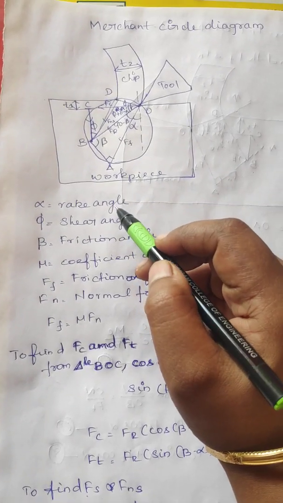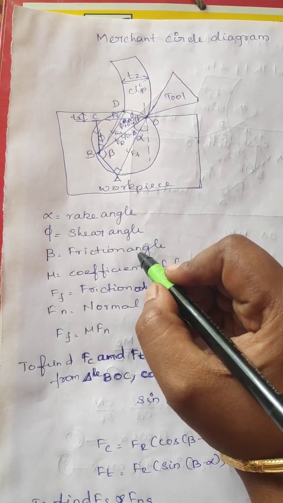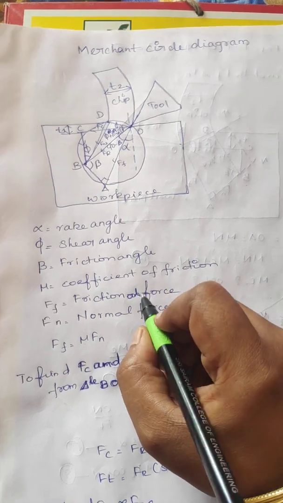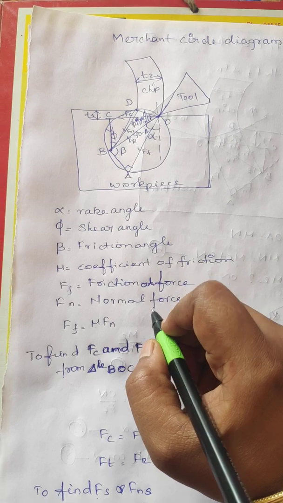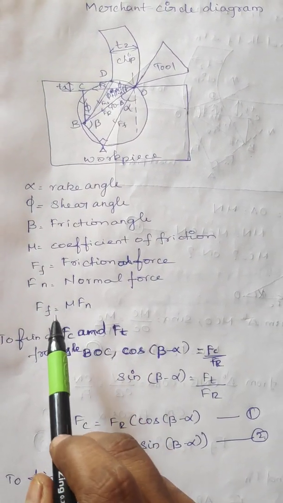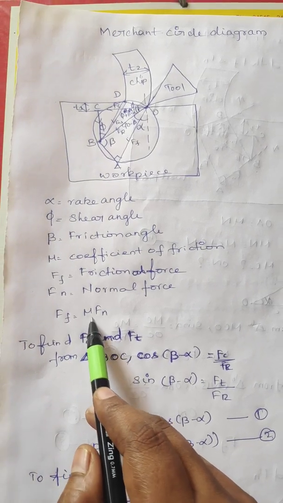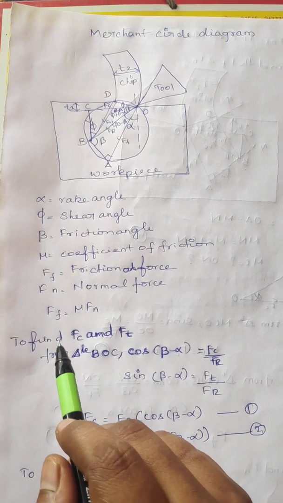Here alpha is the rake angle, phi is the shear angle, beta is the frictional angle, mu is the coefficient of friction, Ff is the frictional force, and Fn is the normal force. The relationship is that frictional force is equal to the product of the coefficient of friction and the normal force. With this, we are now going to start the derivation.